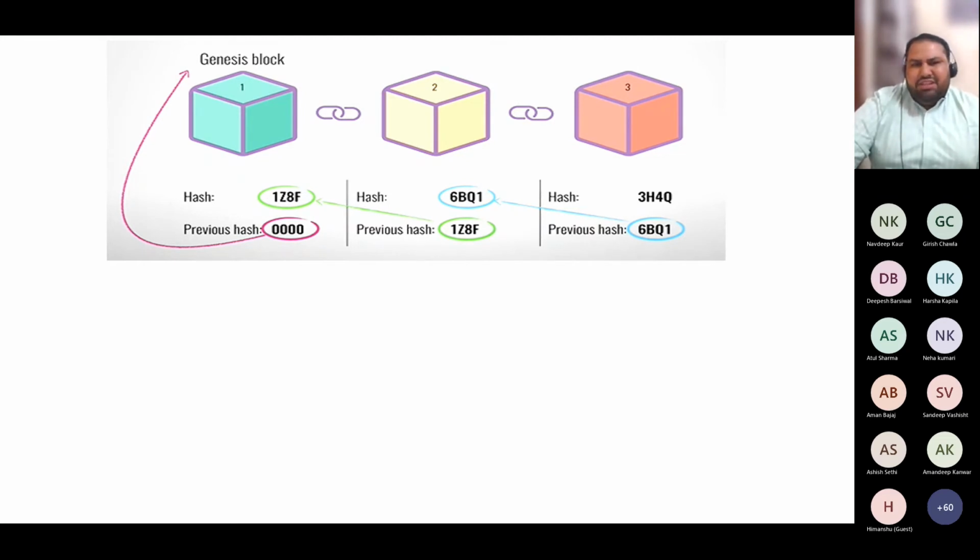Now the first block is a bit special because it is not connected to any previous block and does not have any previous hash. That's why it is called the Genesis block, and we mark the previous hash as 0 for this block.